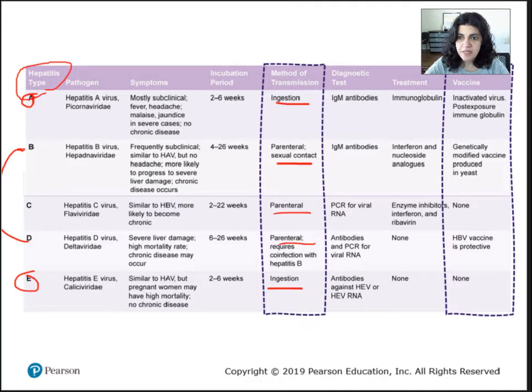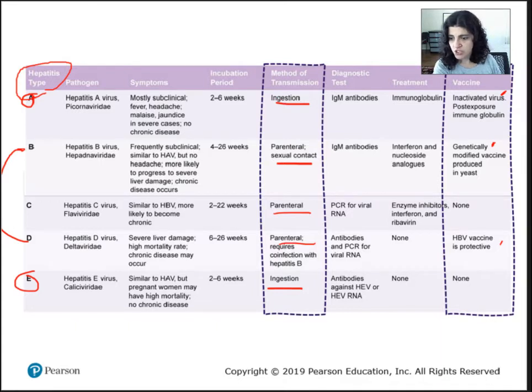There are vaccinations for A, an inactivated virus, and B, a genetically modified virus where the gene of the virus is produced in yeast. And D. No vaccine for C or E, okay? I have another diagram that may show you a little more detail about these different types.